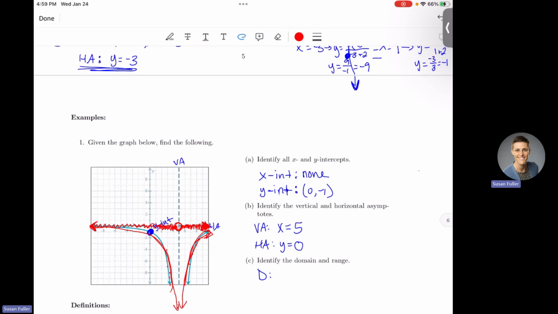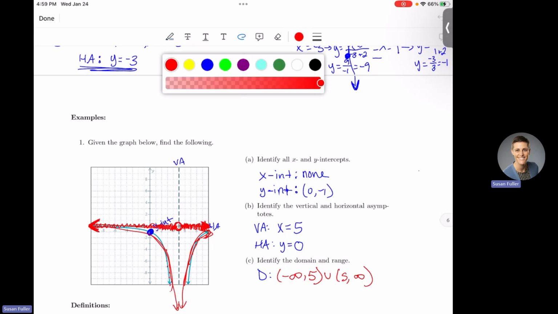So it's going to cover all of that stuff, which means our domain goes from negative infinity all the way up to 5, not including 5. And then I'm going to union that with everything on the other side, which is 5 to infinity. It's everything except that x equals 5.